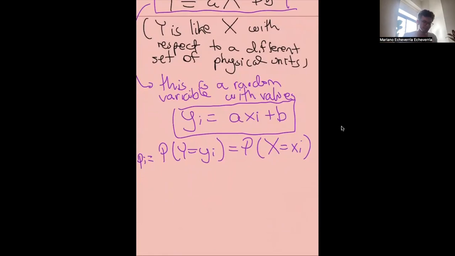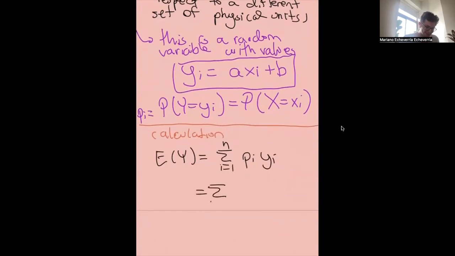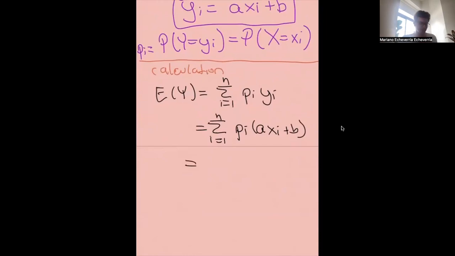So let's do a quick calculation, but it's convenient to do it anyway. Let's check what's the expected value, or the average, for y. What's the expected value of y? That's the sum from i equals 1 to n of pi times yi, right? That's the sum of pi times axi plus b, and then you just use the properties of the sum to break it up and pull out the constants.